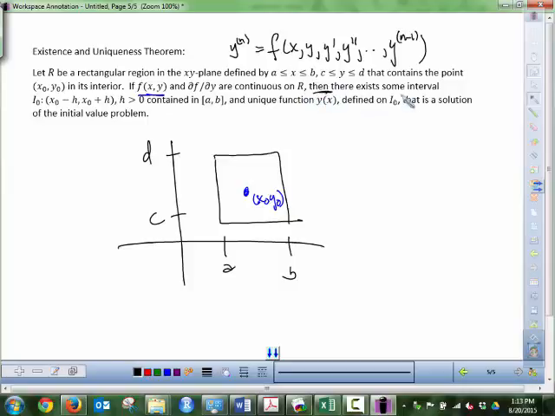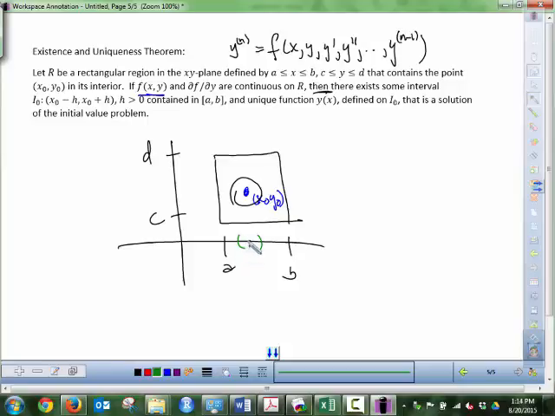Then there exists some interval within here, an interval that's near x naught, y naught. Should do this in a different color.